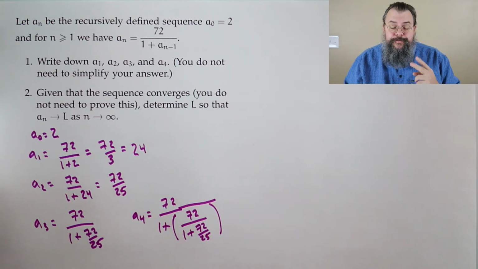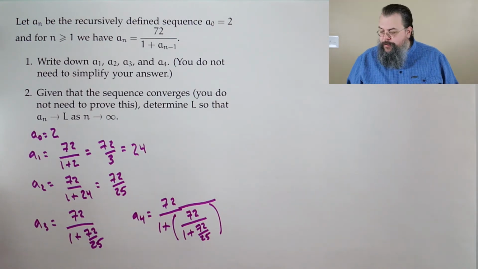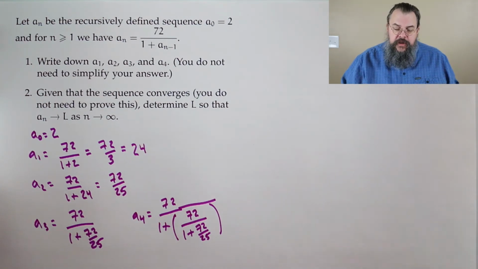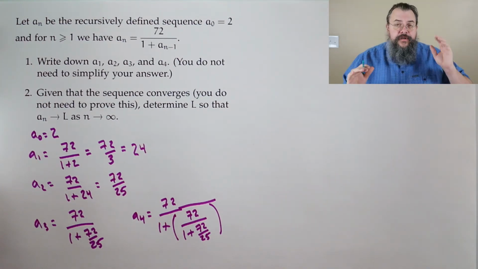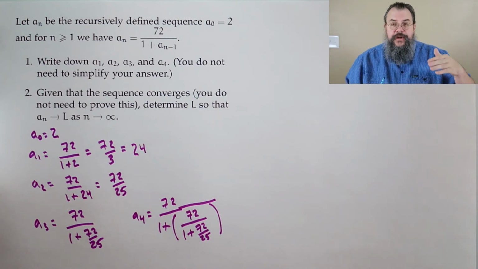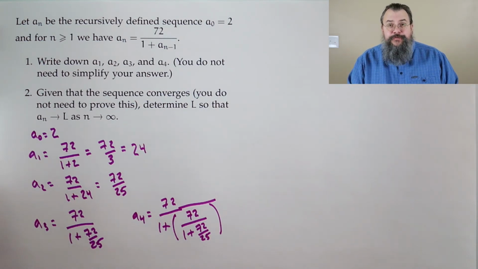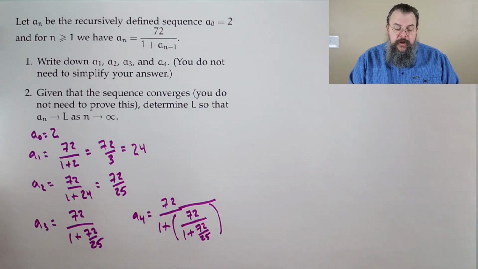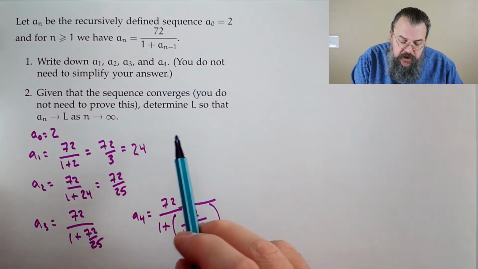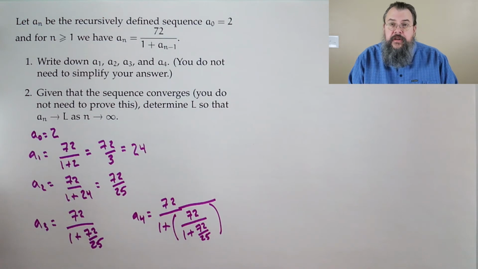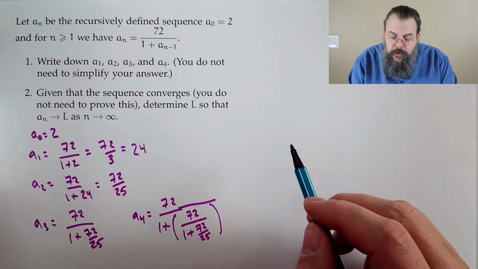Now, step 2, part 2. What do we have? Well, we're told, look, the sequence converges. We don't have to prove it converges. We're just given that it converges. What does it converge to? All right. So we have to find the L. So a_n goes to L. And now, what can we say?